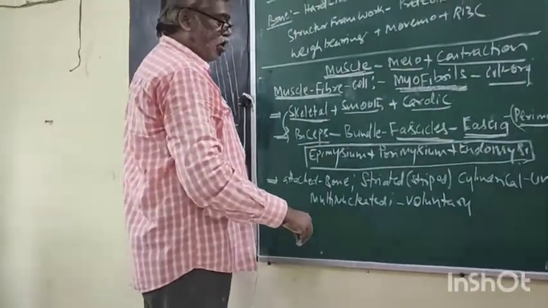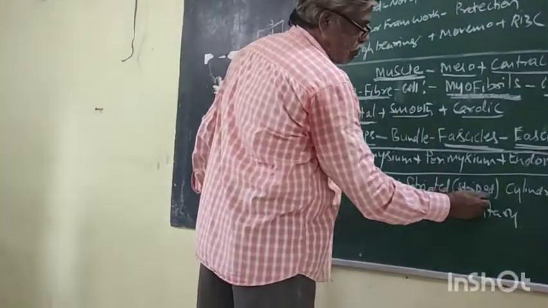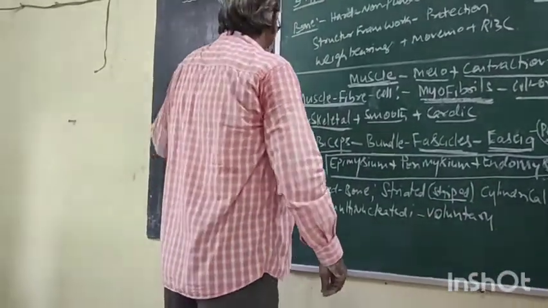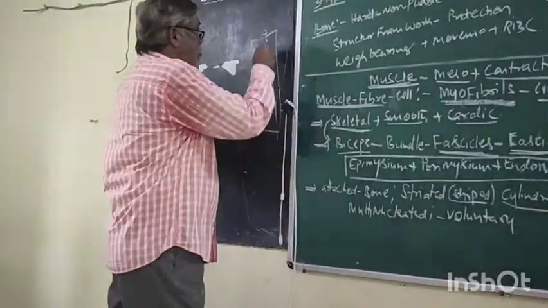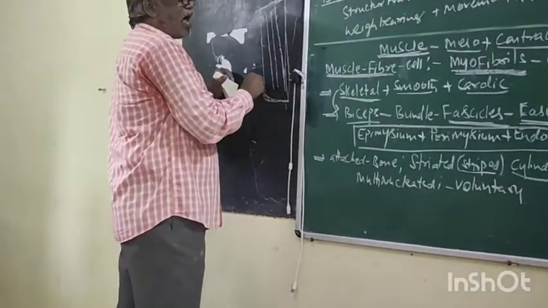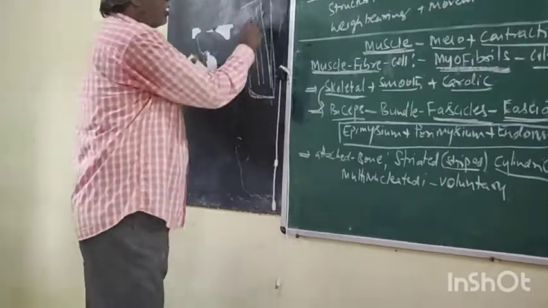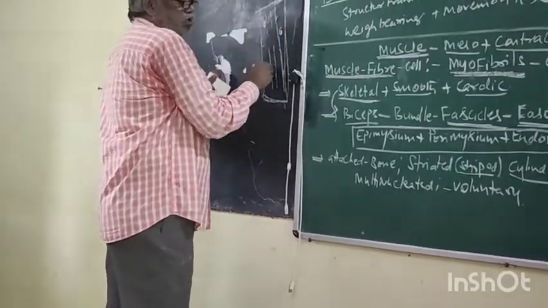Hence it is called striped muscle. And each cell is cylindrical, blunt and branched. But it is multinucleated.